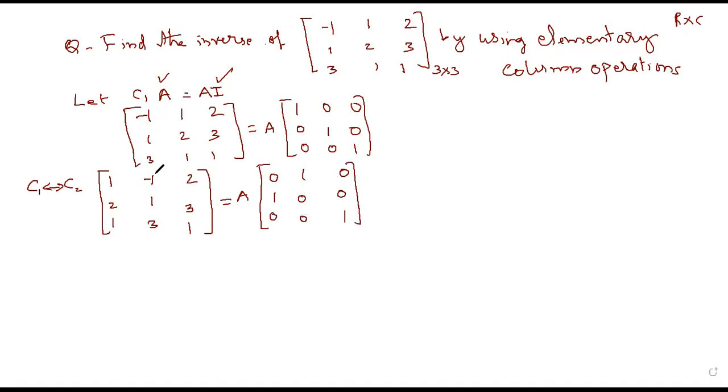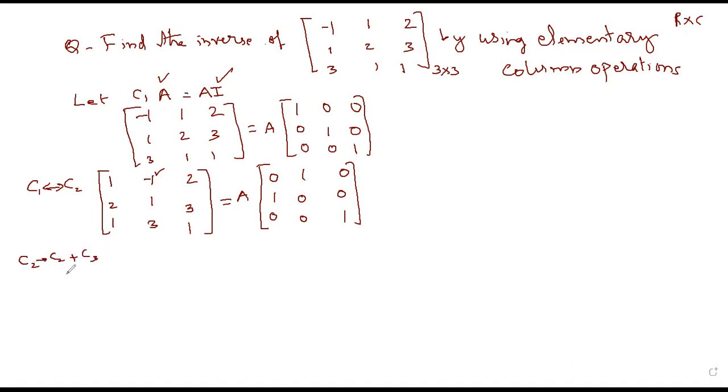Now with this one we will make this one 0. If we add C1 directly, adding is also allowed, but as I told you, it is not really adding, it is a multiplication by 1 and adding in the other row. So in C2 we can add C1 to get 0. Here our aim is to get 0. So C2 plus C1, added in C2.